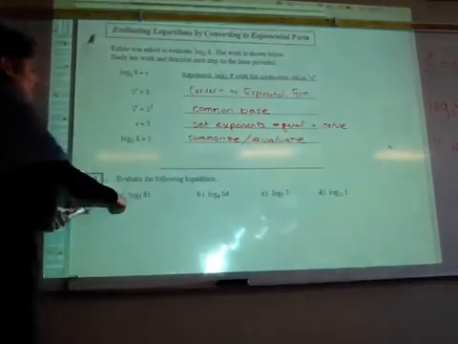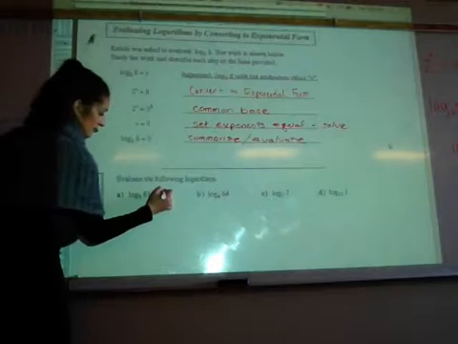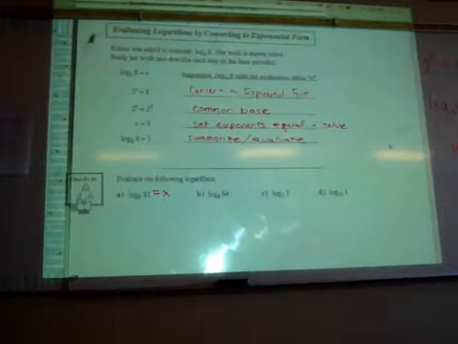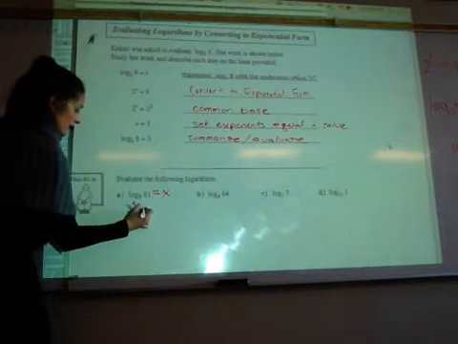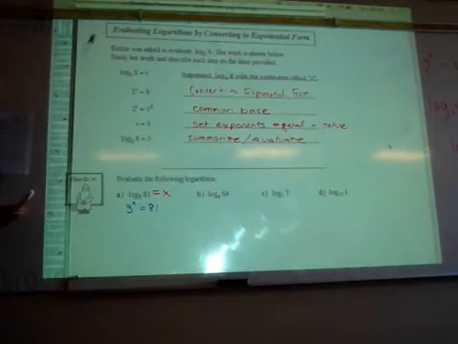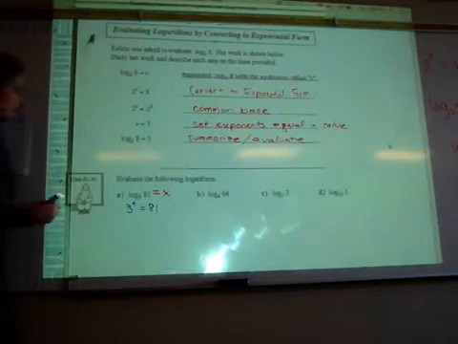Okay, so we have log base 3 of 81 equals some unknown variable. That's step 1. Step 2, we're going to take this and we're going to put it into exponential form. So we have 3 to the power of x equals 81. Then we need a common base.